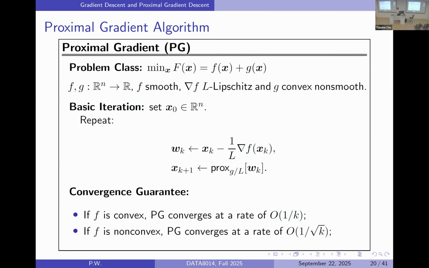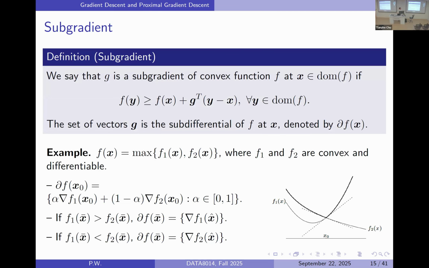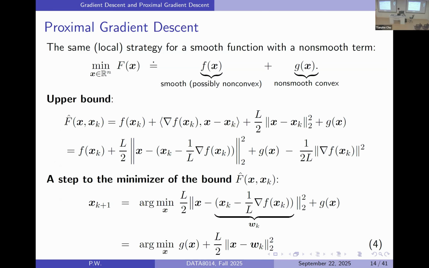But speaking at a high level, what is the main intuition of proximal gradient descent? We first consider a quadratic upper bound for the smooth part. Construct the quadratic upper bound using the Lipschitz property for this smooth part, and keep the non-smooth convex part.